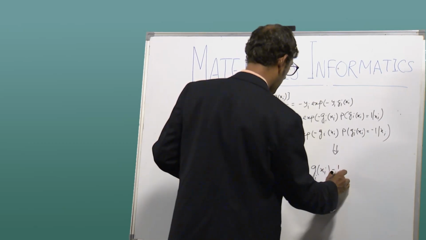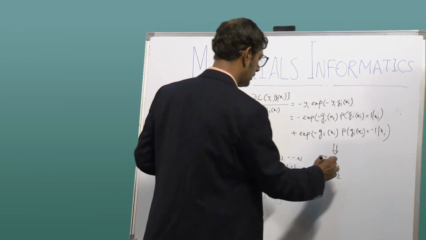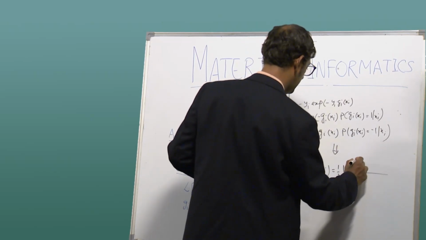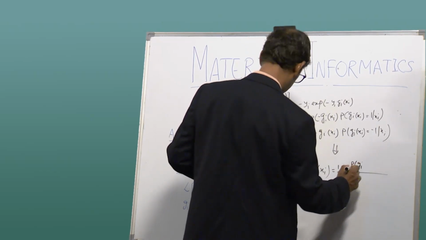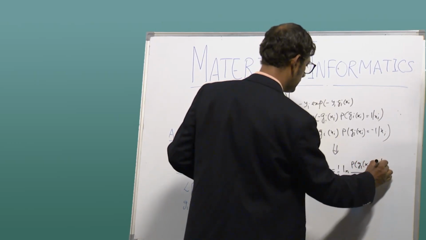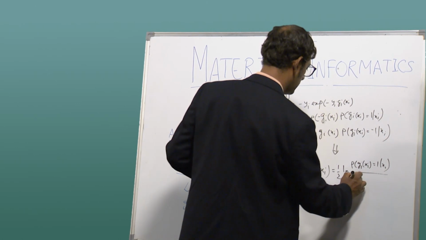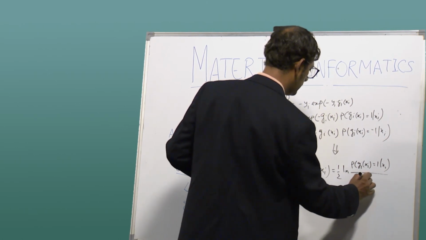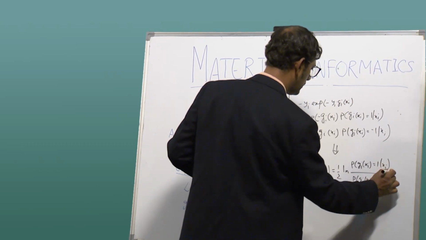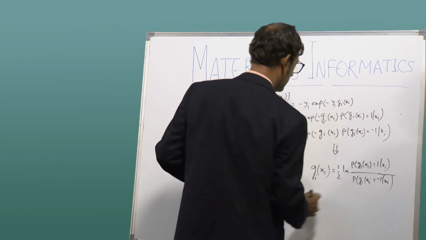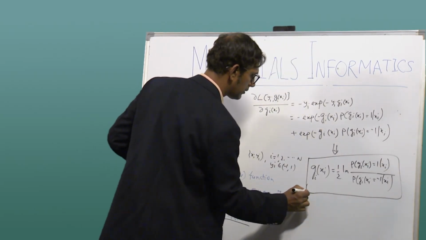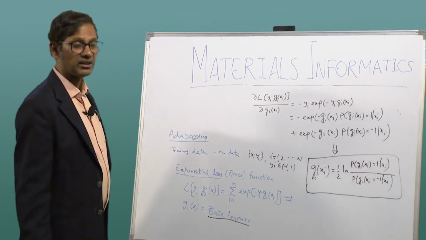This will be equal to half log of p gi p. Okay. So you get a very important equation for the best learner, okay.